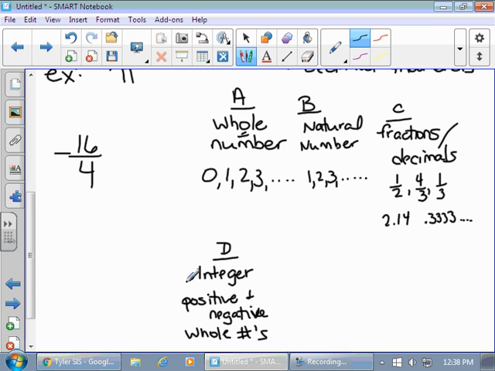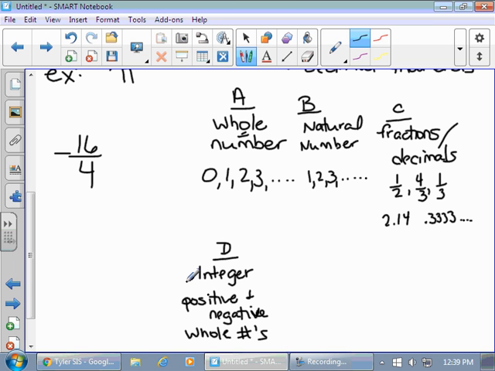No, again, because it has a negative in front of it. Is it a fraction or a decimal? Yes. And is it an integer? Yes, because what is negative 16 over 4? If I divide that out, later on we'll learn about our symbols, but that's negative 4, and so that also falls under integer. How do you know if it's a negative? We're going to talk about that later. So, that comes into two classifications of numbers.